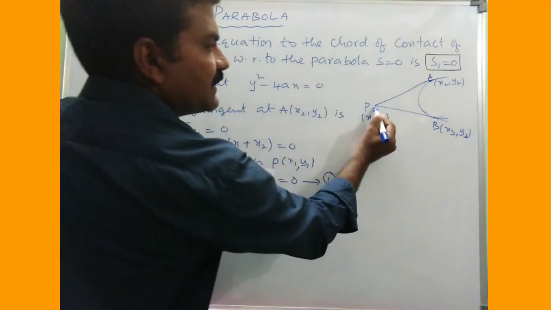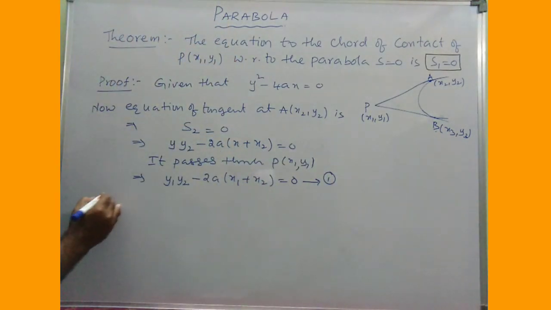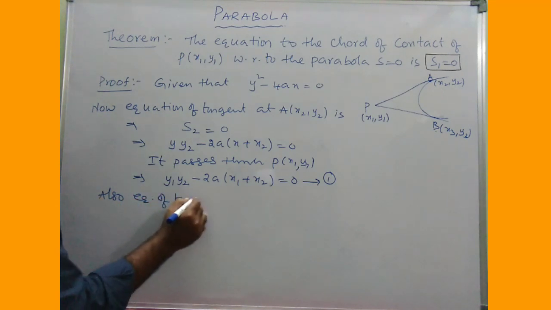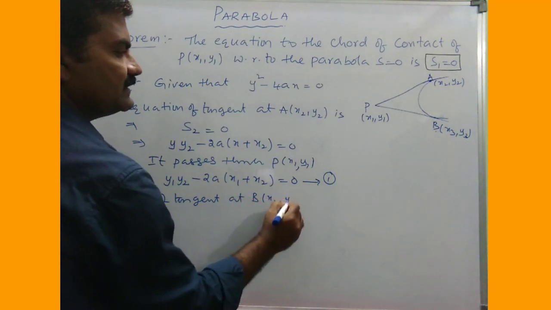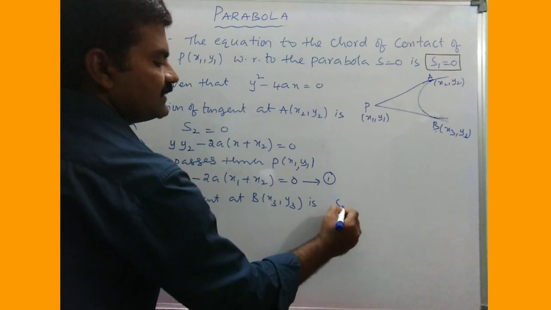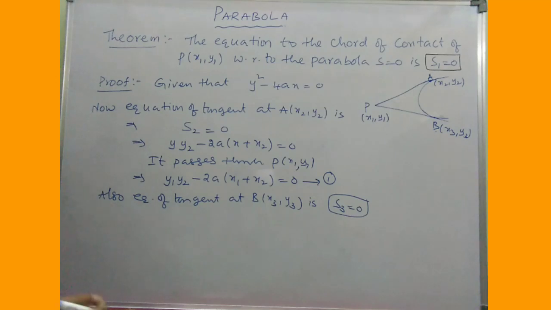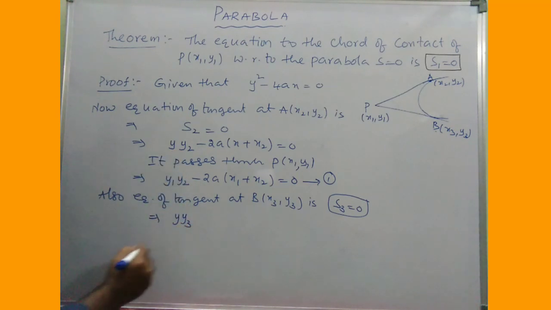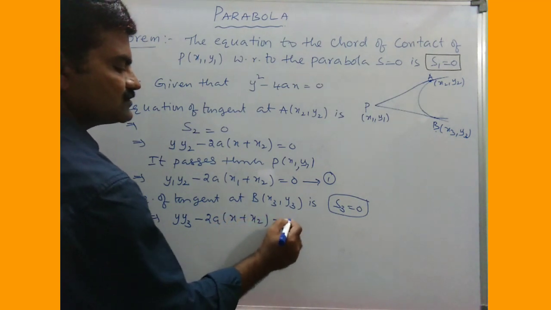In the same way, let us find the tangent at B, which is also passing through P (x1, y1). So the equation of tangent at B (x3, y3) is nothing but S3 equals 0. Actually it is S1 itself, but here the points are (x3, y3), so let it be S3 equals 0. Can you tell me the S3 format? Instead of y2, now we get y y3 minus 2a into (x plus x3) equals 0.